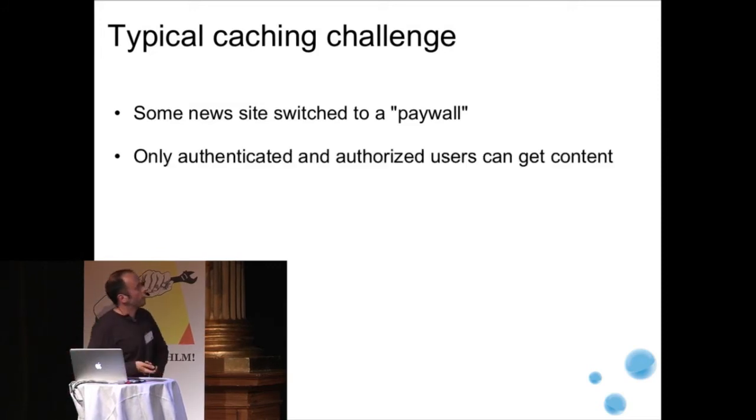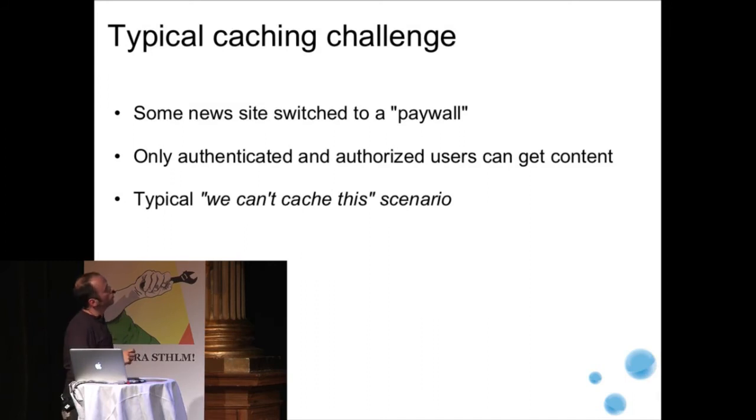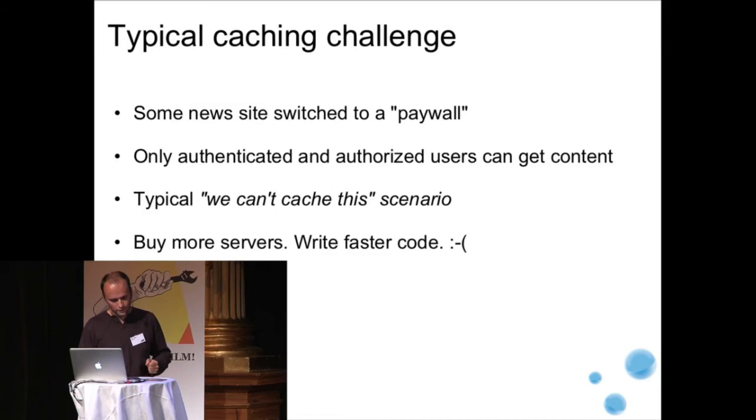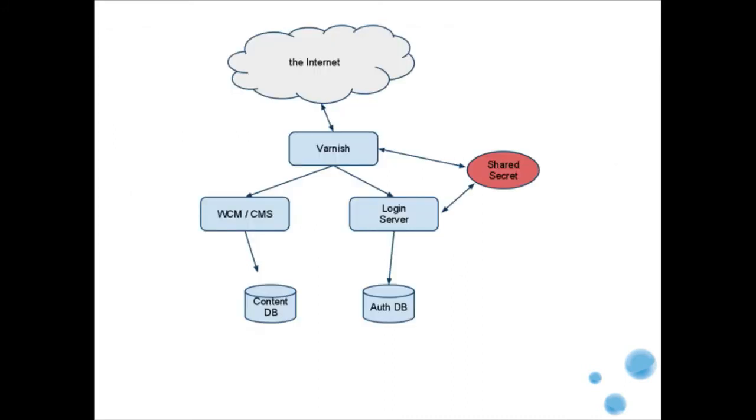Which means that only authenticated and authorized users can get the actual content. Now, this is a typical "we can't cache this" scenario, because there's authentication and authorization, so you have to check stuff against the database. And the cache, which does not at all talk to the database, can't do that. So the solution is buy more servers, write faster code. Or we can try to solve it in Varnish.